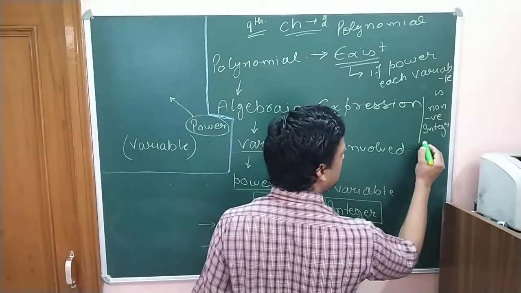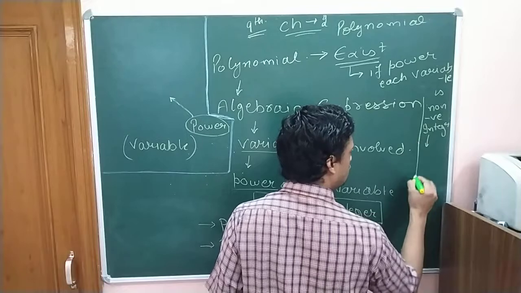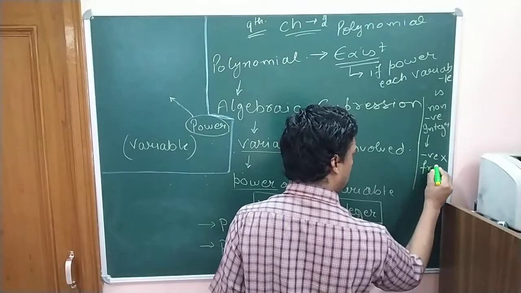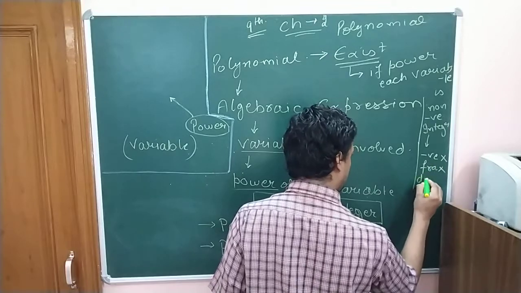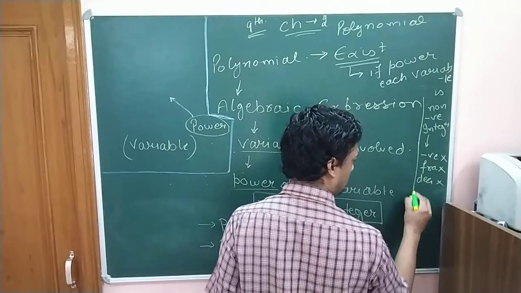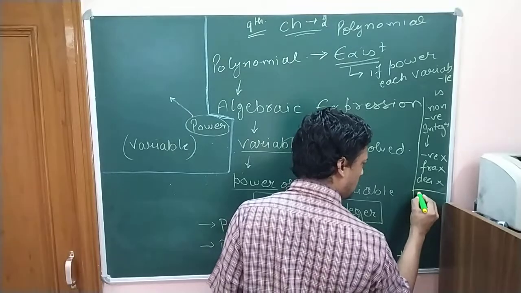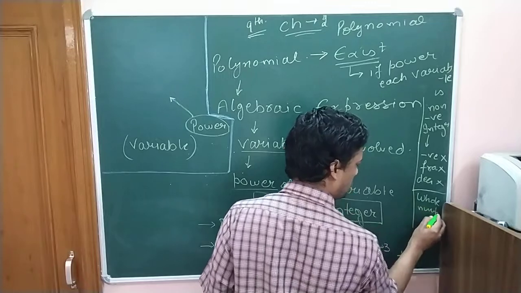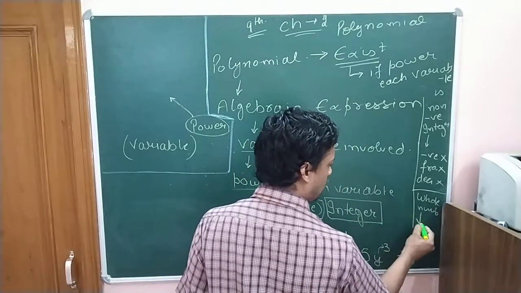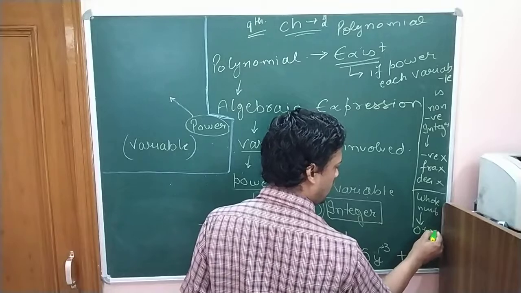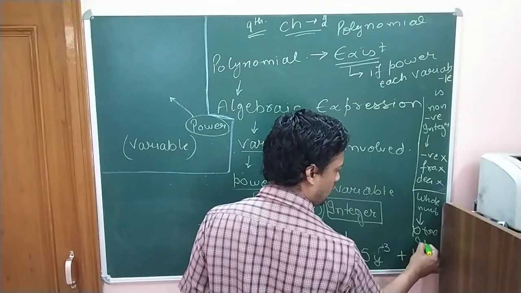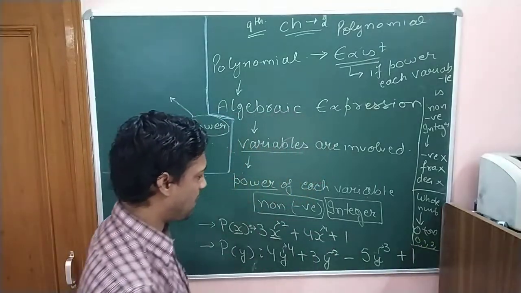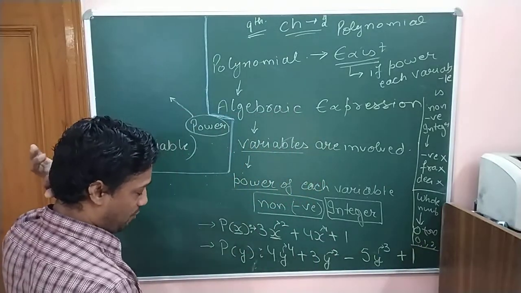Non-negative integer means it should not be negative, not be a fraction, not be a decimal. The power should be a whole number. What is a whole number? Whole numbers start from 0 to infinity, like 0, 1, 2 and so on. It means the power should be a whole number. Then it is a polynomial.